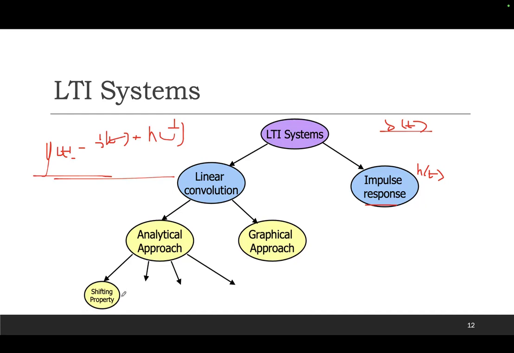The shifting property is very important. We usually use it. Just remember that the shifting property comes up when you use convolution. Also the commutative property, the distributive property, and the associative property.